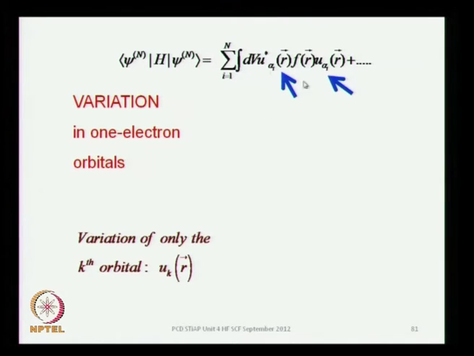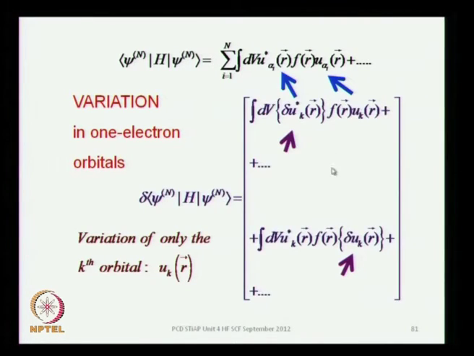So, only the alpha, the kth one, the I is going from 1 through n, and you have so many n quantum states, of which only the kth one is going to be varied. So, you will have a variation only in the kth orbital, delta uk star coming from here, right.